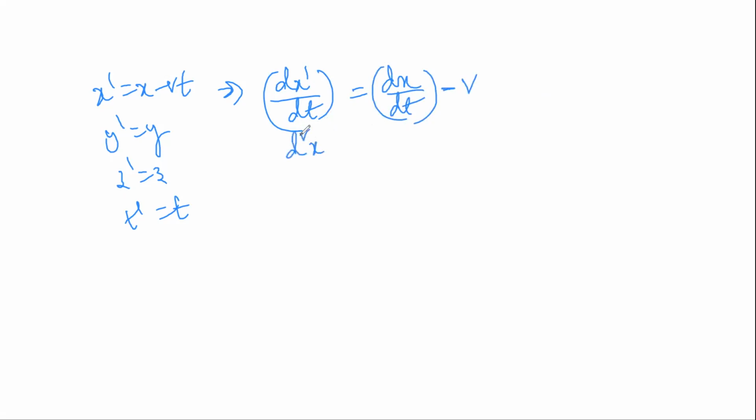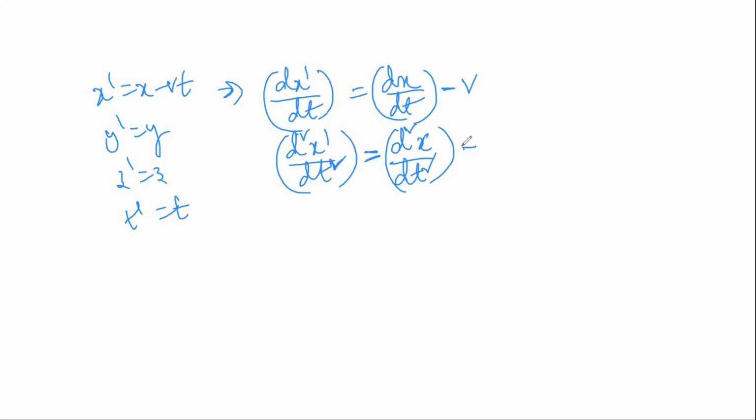Now let us differentiate on both sides. We get dx dash by dt equals dx by dt minus v. So what would be happening now? Differentiating on both sides, d square x dash by dt square equals d square x by dt square.